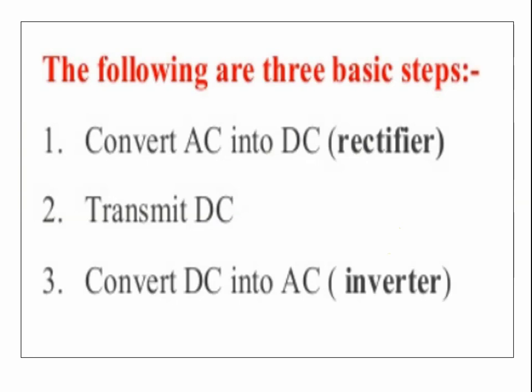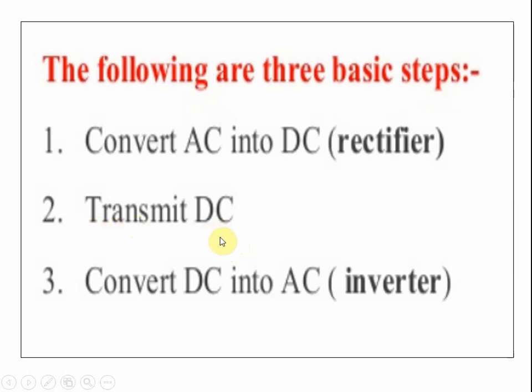An HVDC system is operated in three stages. Basically, three steps are there. The first step is to convert AC into DC, that is nothing but rectification mode. In the second stage, we transmit the DC power from one converter station to another converter station.